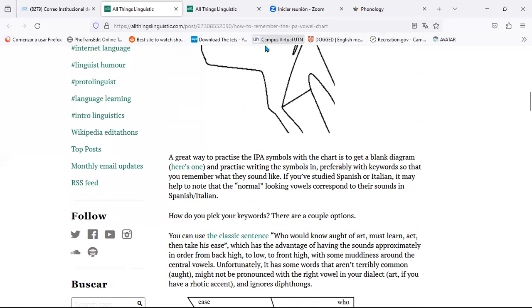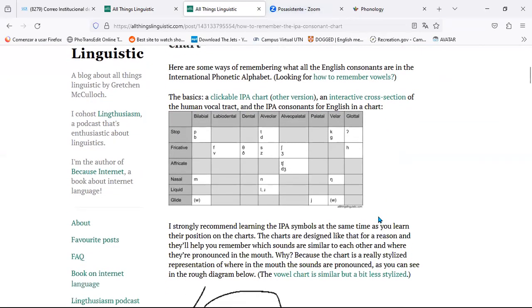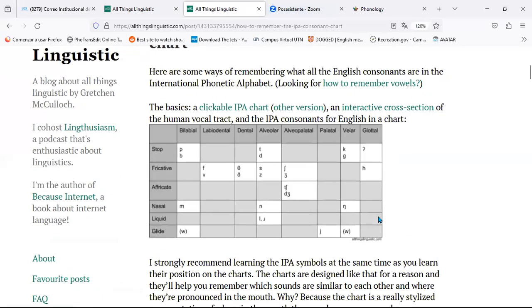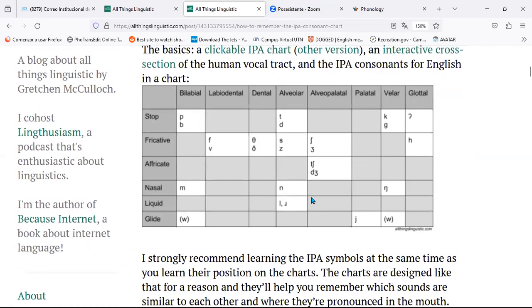Regarding the video about consonants, the video is going to explain many basic concepts, and there are some that are very, very important for us because we're going to need them from now on. So see that we have two classifications.